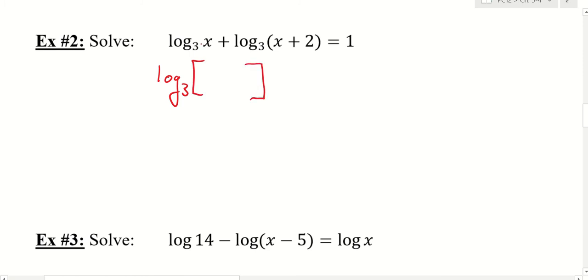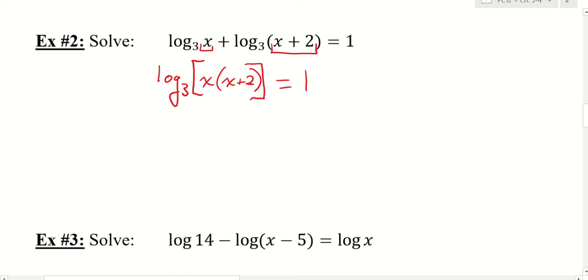We are going to collect the input of this first logarithm and the input of this second logarithm. How do we collect them? We collect them as a product. So we multiply them, and then that's equal to 1. So that's just an application of the product rule there.